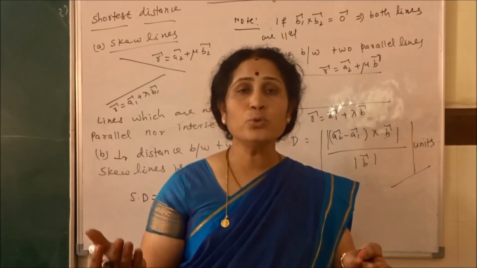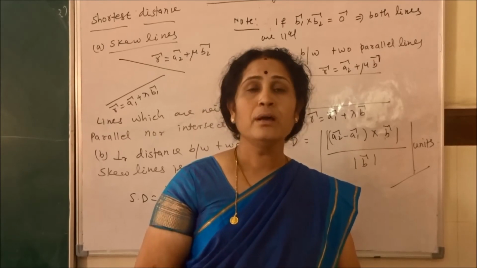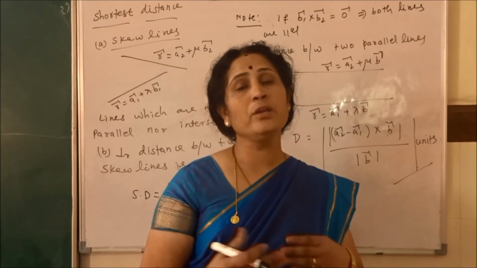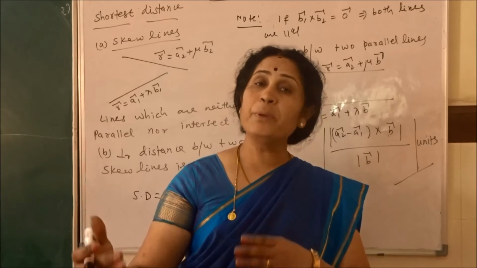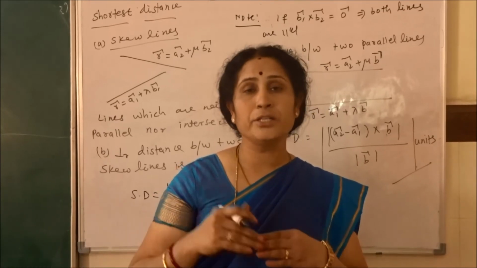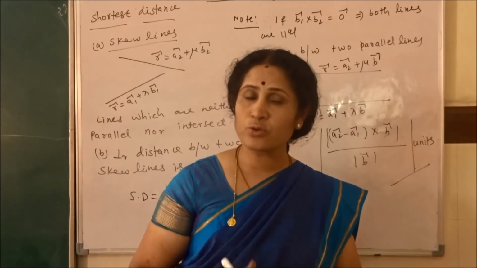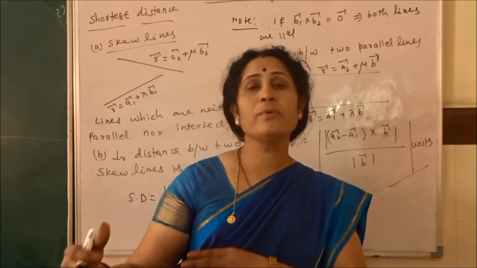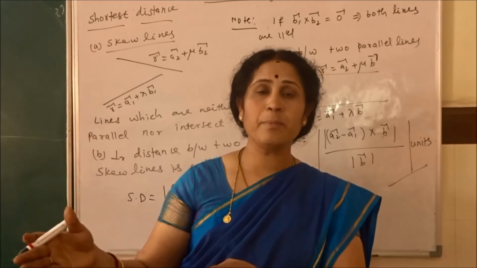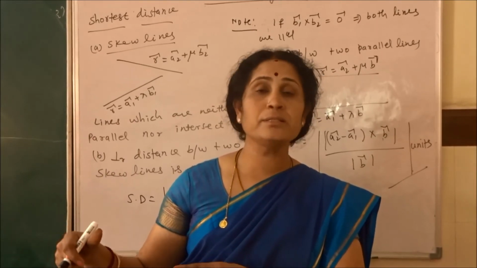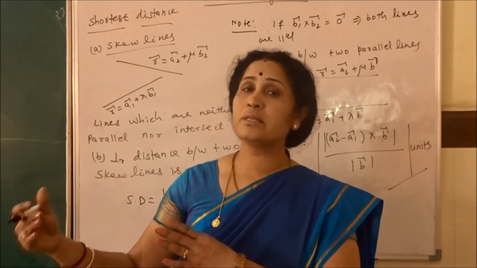If the line passes through two points, the vector form is R vector equals A vector plus lambda into (B vector minus A vector), and the Cartesian form is (x minus x1)/(x2 minus x1) equals (y minus y1)/(y2 minus y1) equals (z minus z1)/(z2 minus z1).